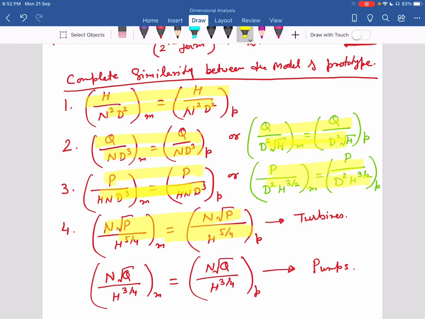Now in case of pumps, I can use this or this, and this equation. So for complete similarity of turbines and pumps, I can use these 4 relations as similitude laws in turbines and pumps. So this is all about the model testing of turbines and pumps. Now you can apply these equations in numerical problems. So thank you.